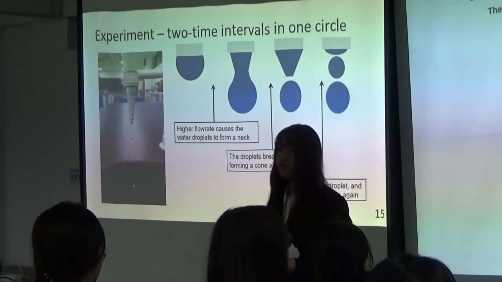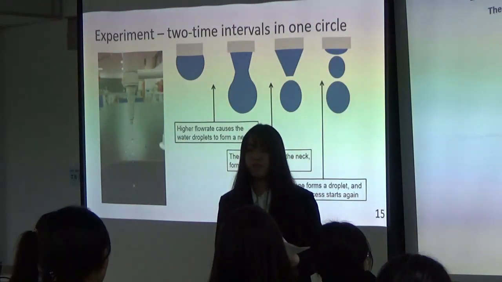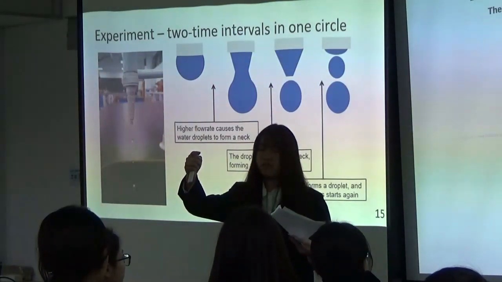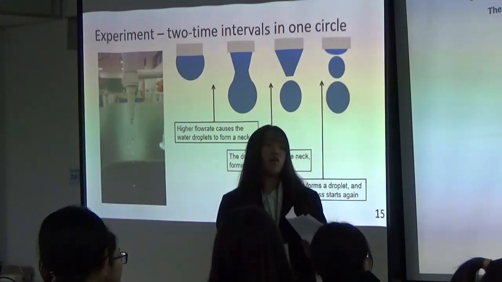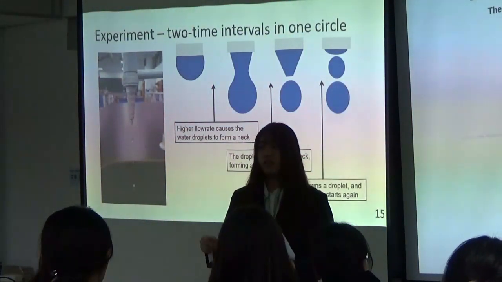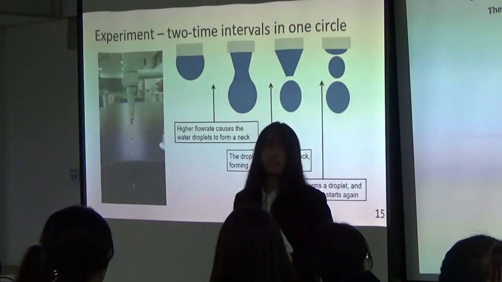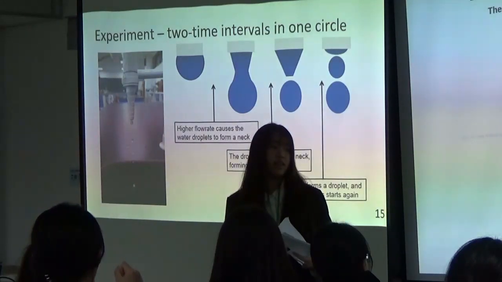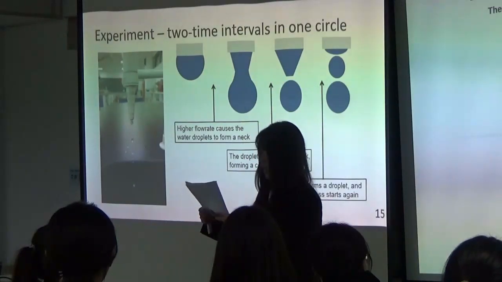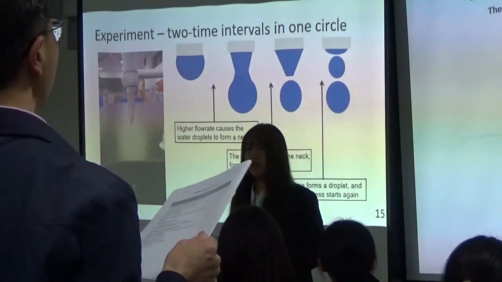But if the flow rate is low, it will just cause one period, because as I have said, the droplet drops and it will cause vibration. And if the flow rate is low, the vibration will quickly go back to its initial position. But if the flow rate is high, there is no time for the droplet to wait for the vibration.